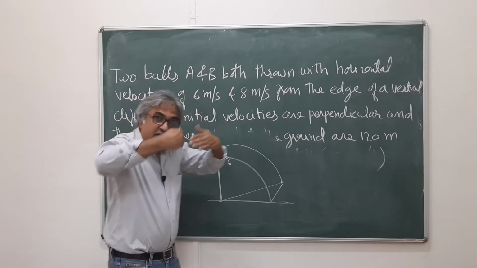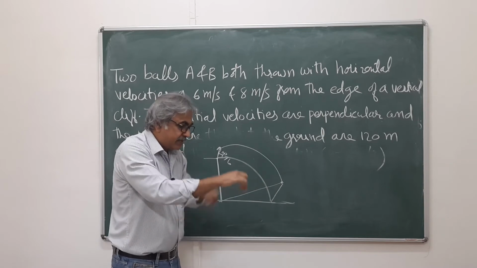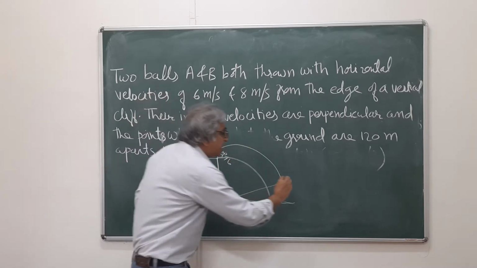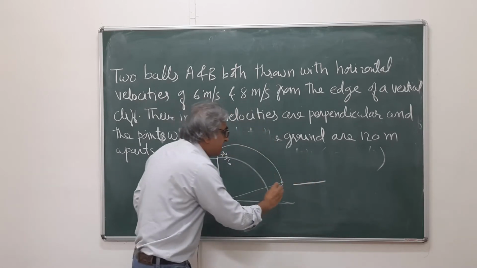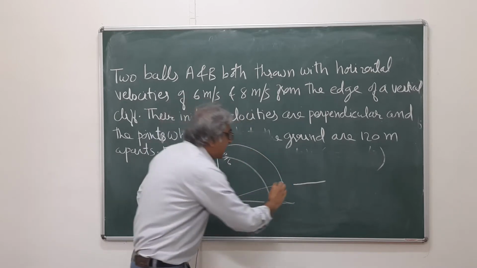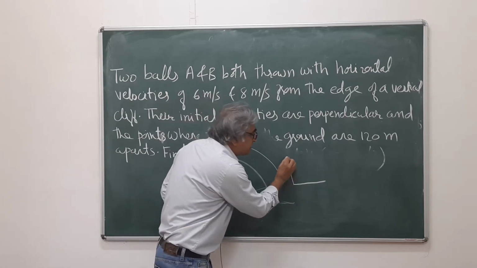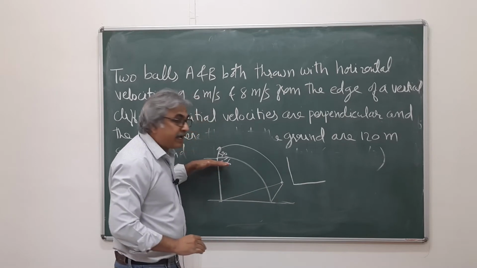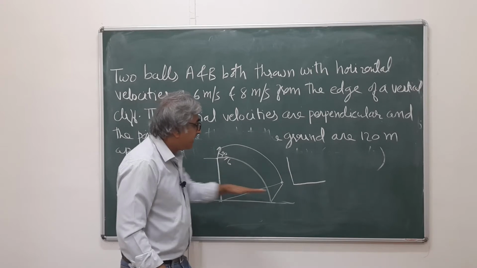Now see, if you look from the top, it will be clear. When the ball is thrown like this, and the other like this, and they are reaching the ground, if you look from the top, you will see that one ball has traveled horizontally like this. Another ball, because it's perpendicular, if you look from the top, will be like this. The distance traveled by the ball which has horizontal velocity of 6 meters per second is this.